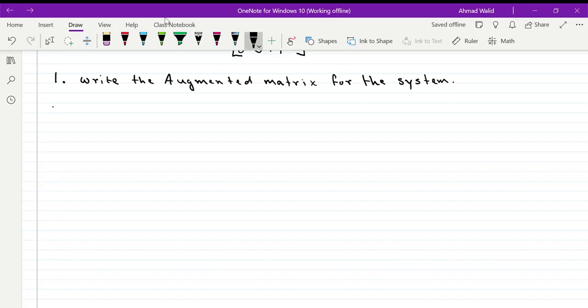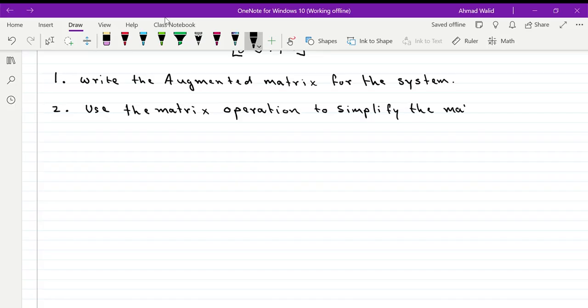Step 2. In step 2, use the matrix operations to simplify the matrix to a row equivalent matrix.